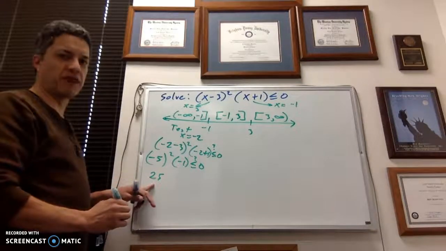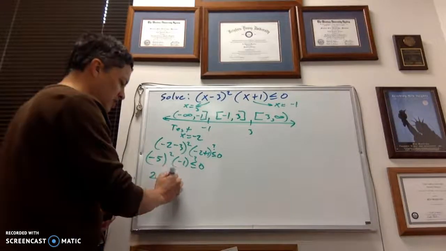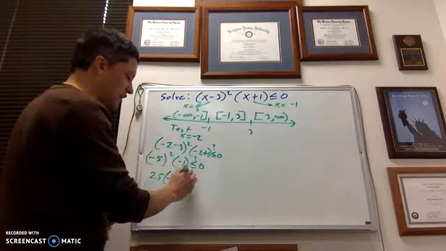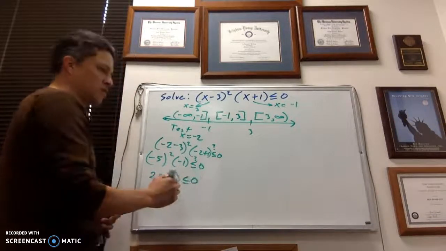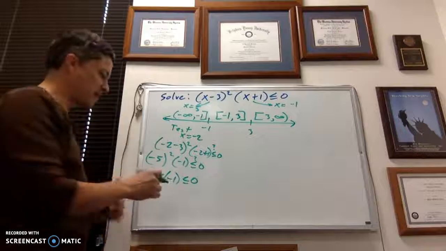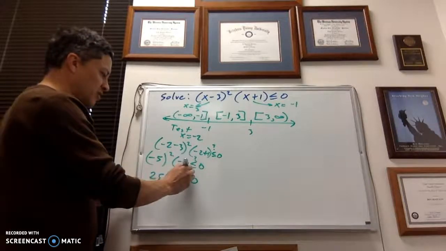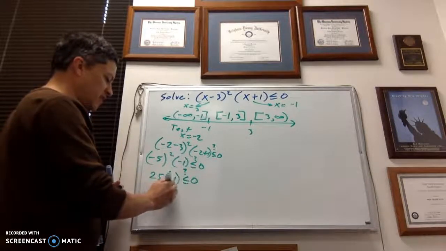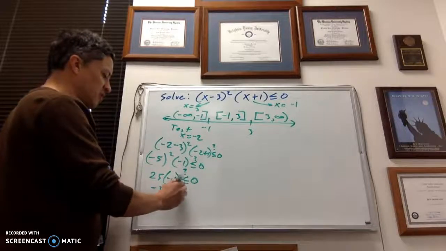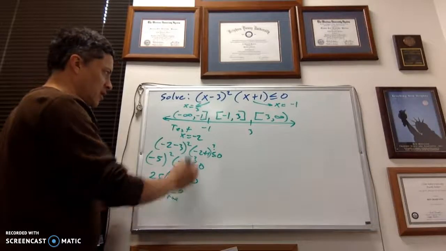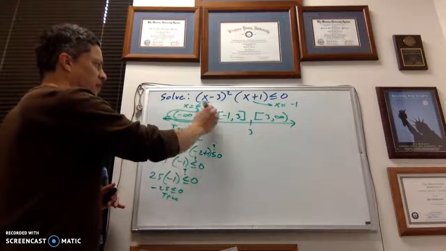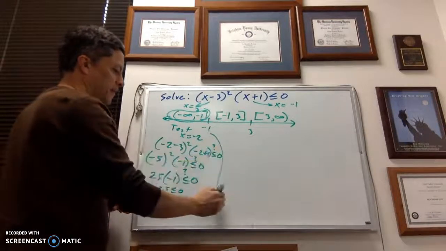Somehow I left that as a 5. Oops. Times a -1, which by the way, I'm deleting that other video, so if you have no idea what I'm talking about, don't worry about it. I'm trying to be less than or equal to 0 here, so yeah, -25 is less than or equal to 0, so that's true. Which means this interval is going to be part of my solution, okay?